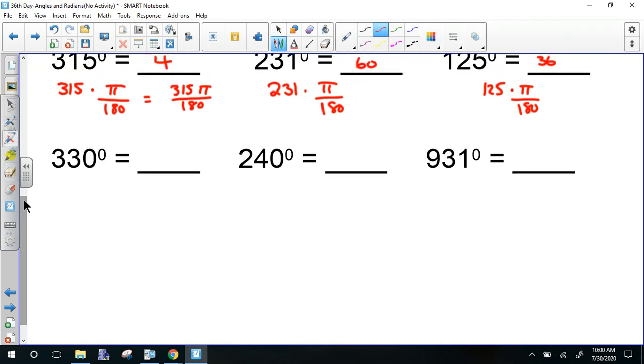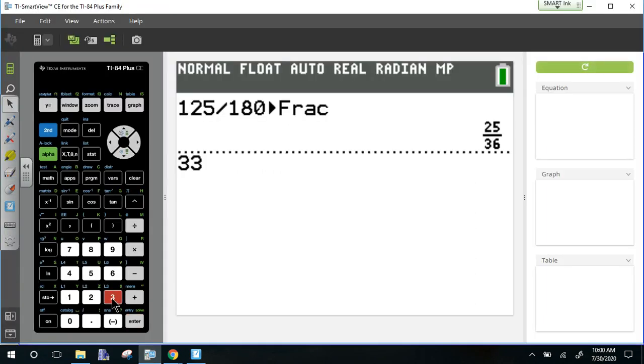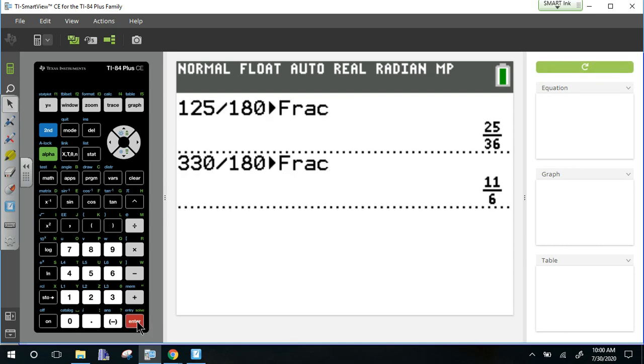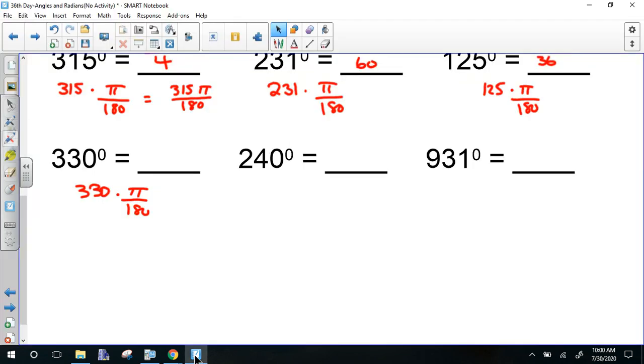330 times pi over 180. We do 330 divided by 180. Math, enter. We get 11 over 6. So that's 11 pi over 6.